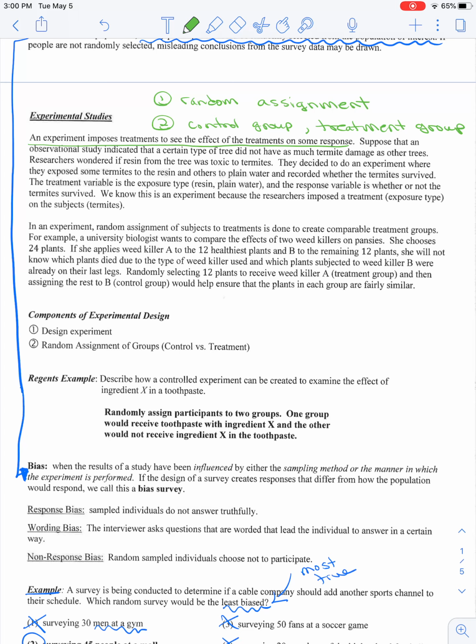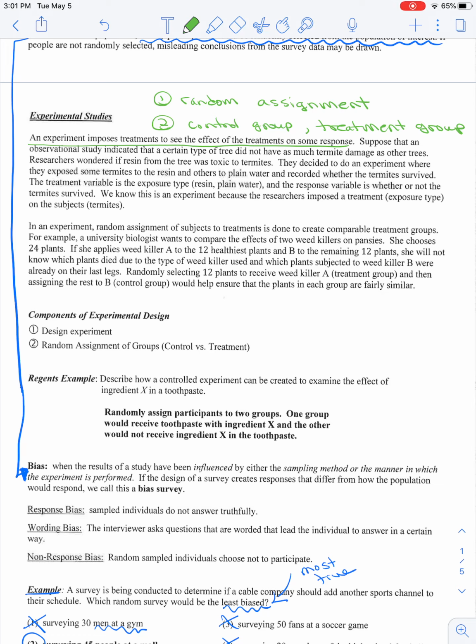For example, if I had 20 students, I could put all 20 names in a hat and randomly pick out 10 to be in the control group and 10 to be in the treatment group. In the control group, nothing is changed. In the treatment group, they're given some type of treatment and then we measure the response.